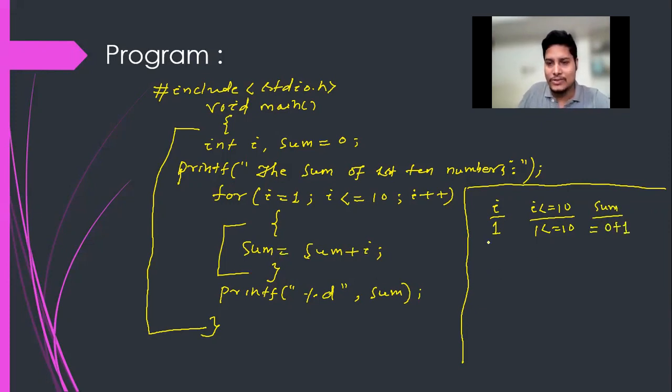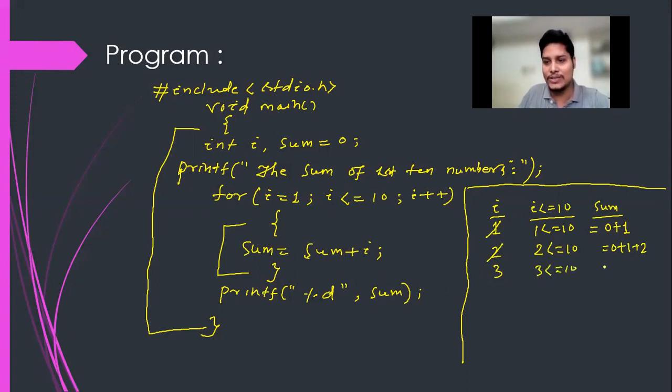Okay, so again the i value will be incremented by 1, so i will be 2. So now 2 will be checked in the test expression. 2 <= 10, yes or no? Yes. So now the sum value will be 0 plus 1 plus 2. Again 2 will be incremented to 3. Now 3 will be checked in the test expression: 3 <= 10, yes.